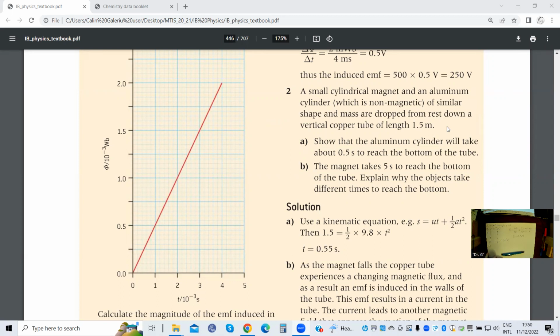But this reminds me of the magic trick I did at the beginning of the school year. Do you remember the copper pipe with the two cylindrical metal pieces? One was a magnet, one was not.